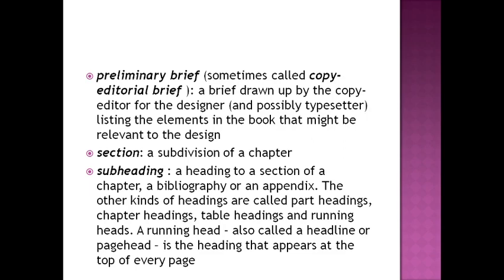Page header, as the word indicates, is the head of a page, the title of a page, which will be given on the top most position of that page. It is also known by the name headline. So it is just the heading that appears at the top of every page.